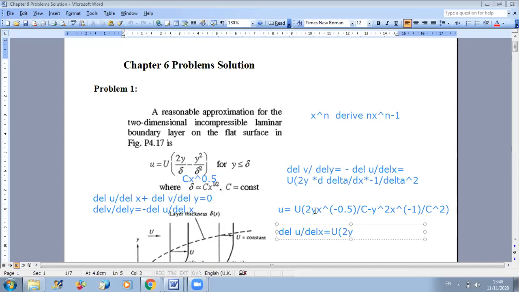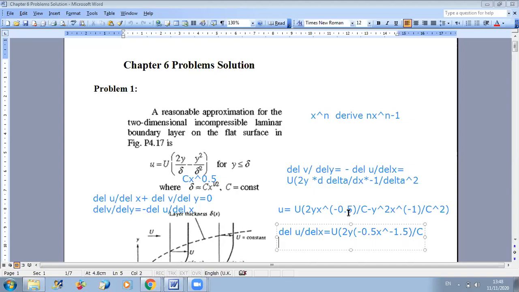Now x to the power minus 0.5, if I derive it, it is minus 0.5 x to the power minus 1.5, over the constant c.